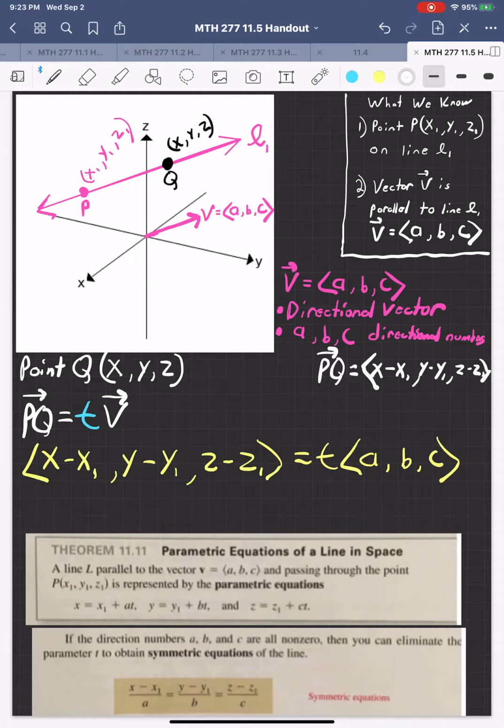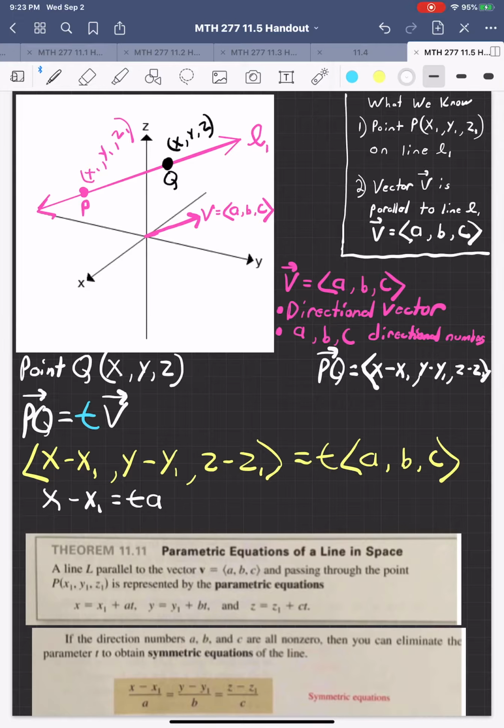Okay, so what I want to do is set each component equal to each other. So if I take this x component, remember I distribute my t, and set it equal to this x component. Let's see if you'll agree with me there. So that would mean x minus x sub 1 is equal to t times a.